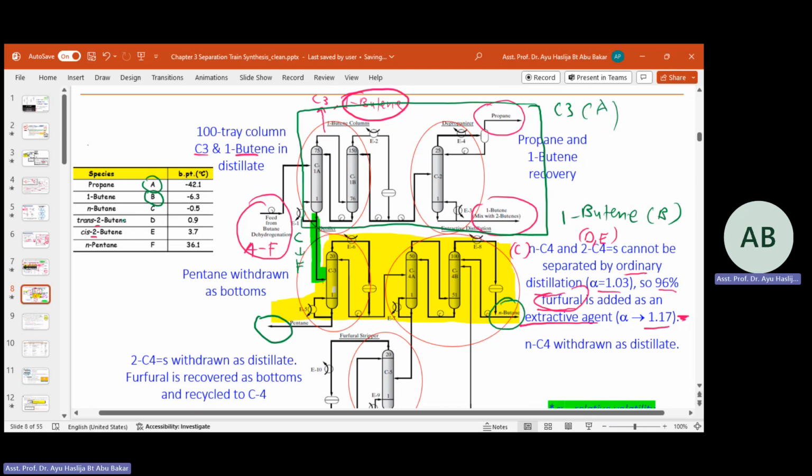So C, N-butane, is released over here. Pentane is the F. C, F. Where is DE?